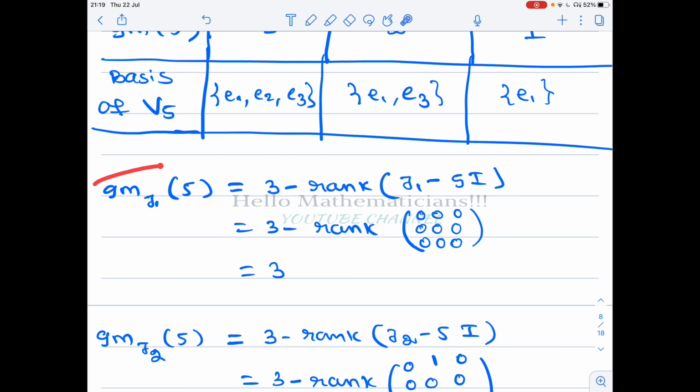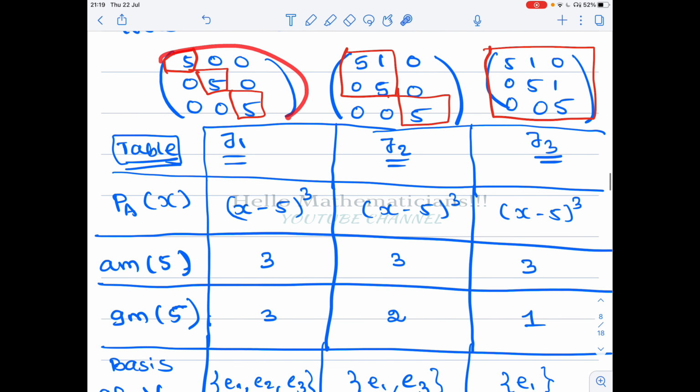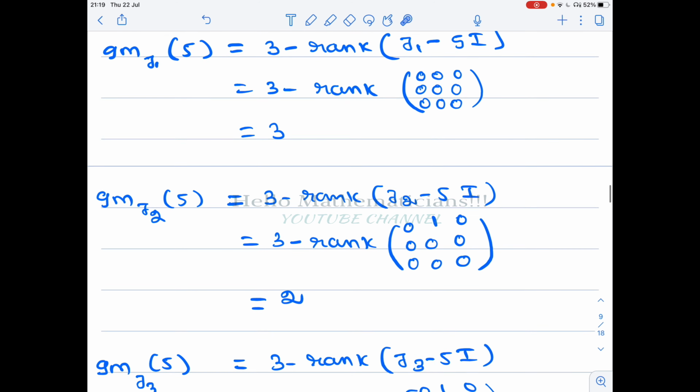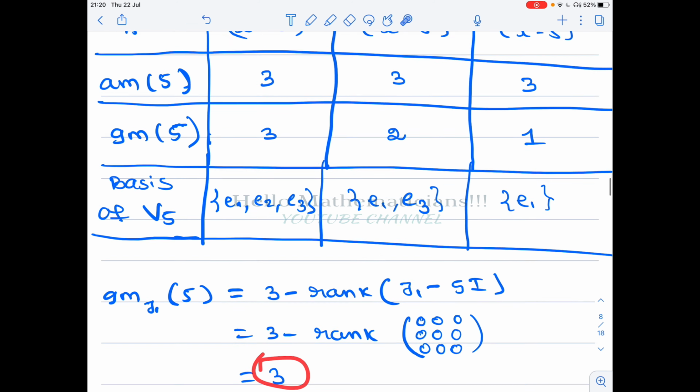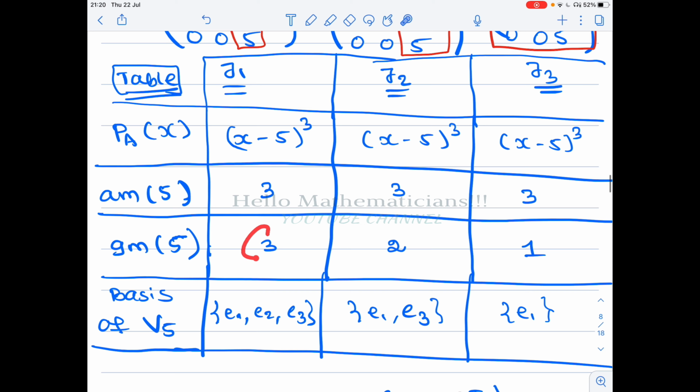Therefore the geometric multiplicity of the eigenvalue 5 in the matrix J1 is 3 minus the rank of J1 minus 5I. But J1 itself is the matrix 5I, so J1 minus 5I is the 0 matrix. The rank of the 0 matrix is 0. Therefore the geometric multiplicity of the eigenvalue 5 in J1 is 3.